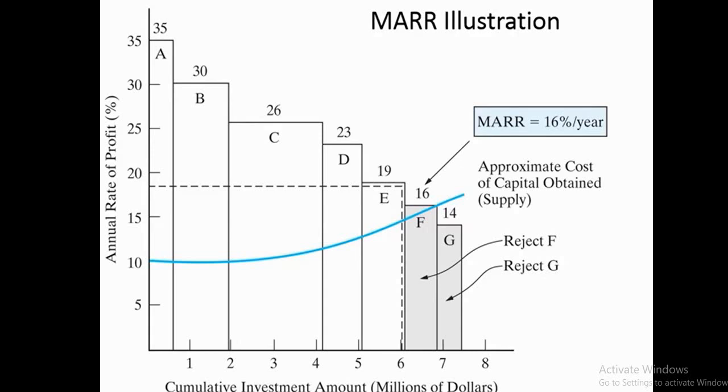If you look at the C project, that investment is a larger one, and the rate of return at which the company gets back this amount is 26%. So in that case, this is also an economical project.